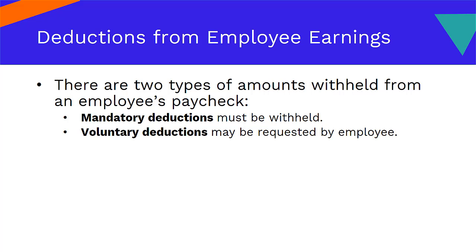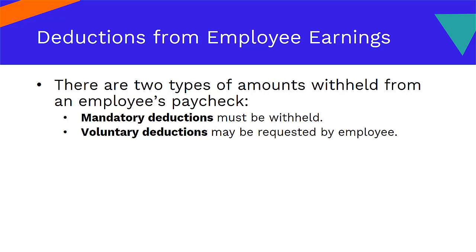There are two categories of deductions that are withheld: mandatory deductions and voluntary deductions. Mandatory deductions are required, mandated by the government, for the purpose of collecting taxes. Voluntary deductions, on the other hand, are optional.